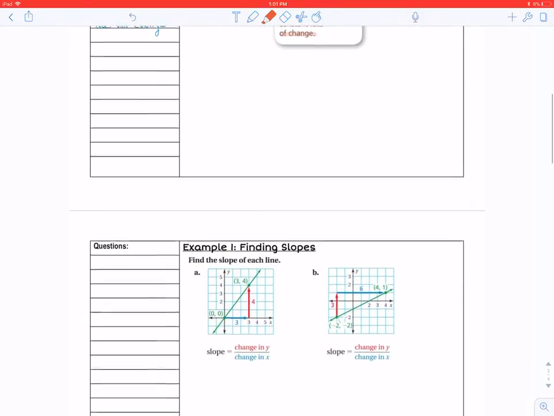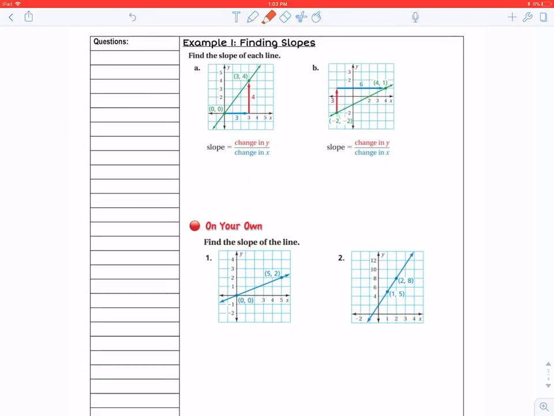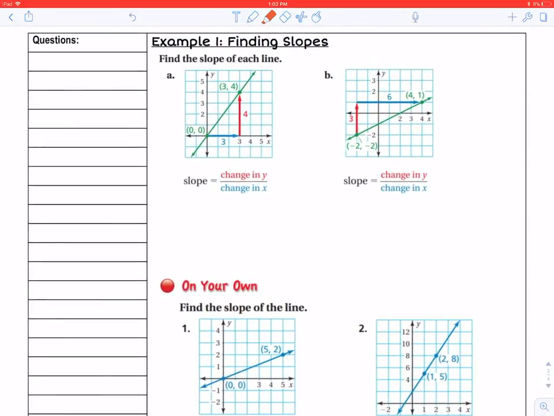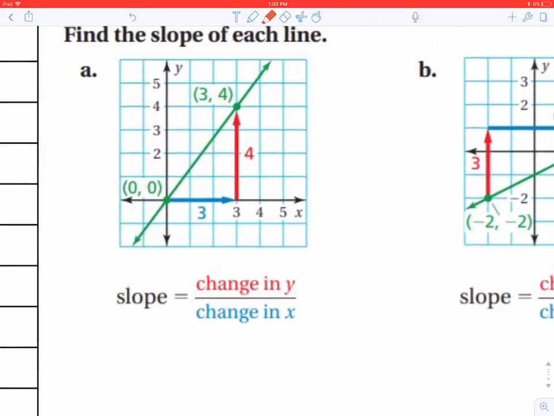Alright, so moving over here to the examples. Finding slopes. We're being asked to find the slope of each line, and we're given two graphs, graph A and graph B. And it's reminding us here that the slope of a line is determined by the change in y over change in x. So our rise over our run.